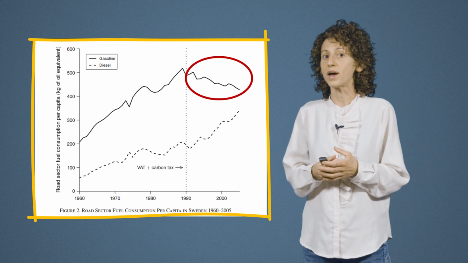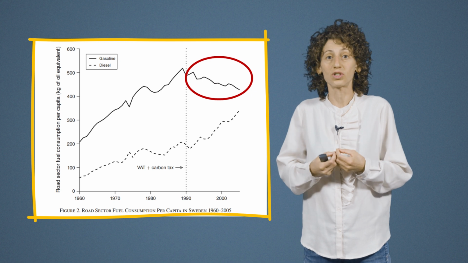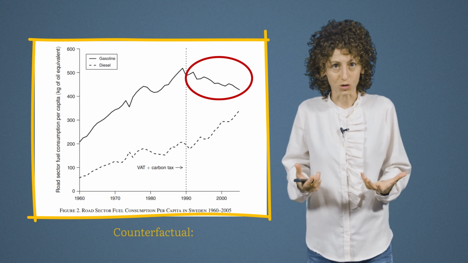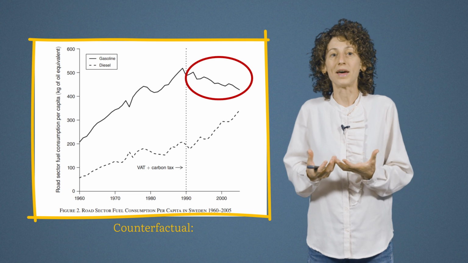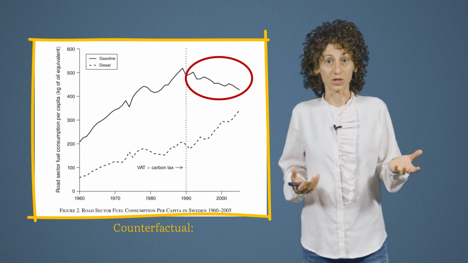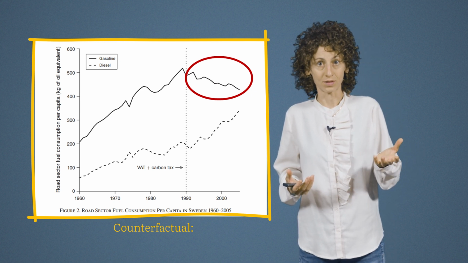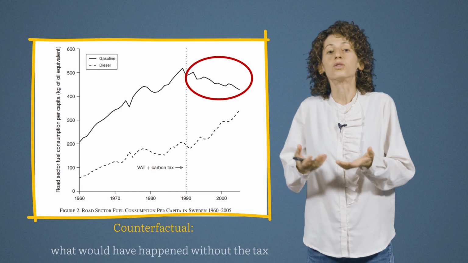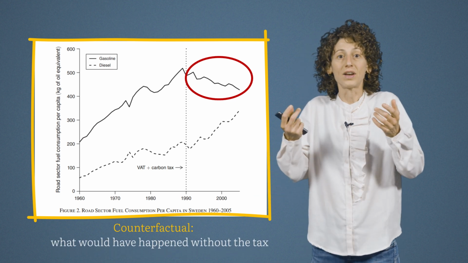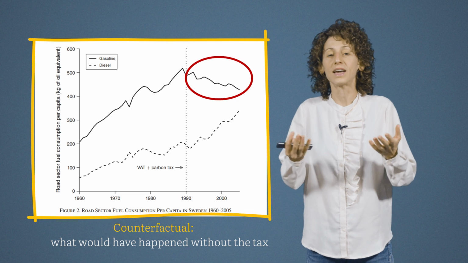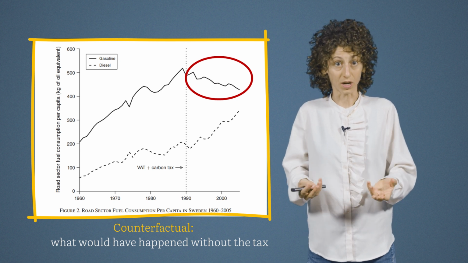To answer this question, we need to construct a counterfactual. In this case, we need to compare the actual gasoline consumption in Sweden with the tax versus what would have happened without the tax. The difference is what we call the causal effect of the carbon tax.